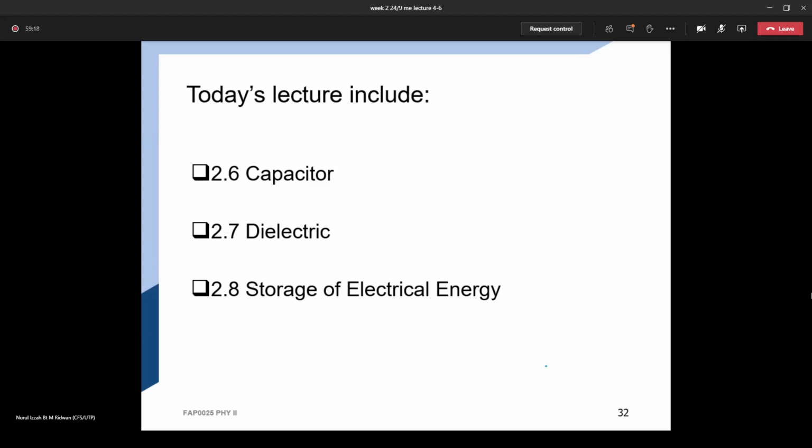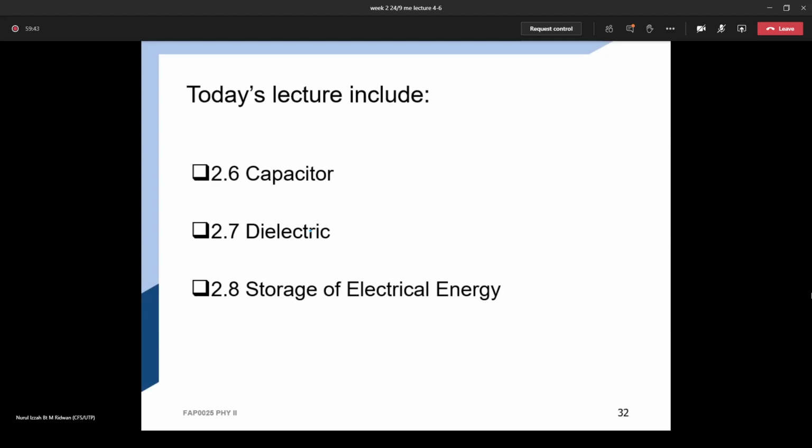So the capacitor is already the application of parallel plates. And then we are going to look at dielectric. What is a dielectric? I think you have heard about dielectric before, right? Have you learned about capacitor and dielectric before? Anybody? Capacitor sounds familiar, but not dielectric. I see. All right. Thank you for that.